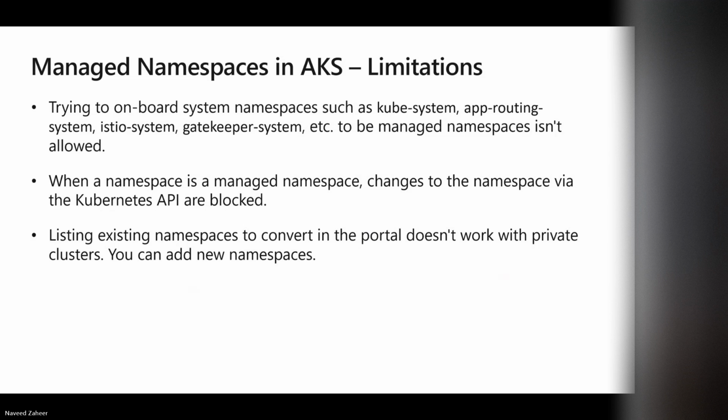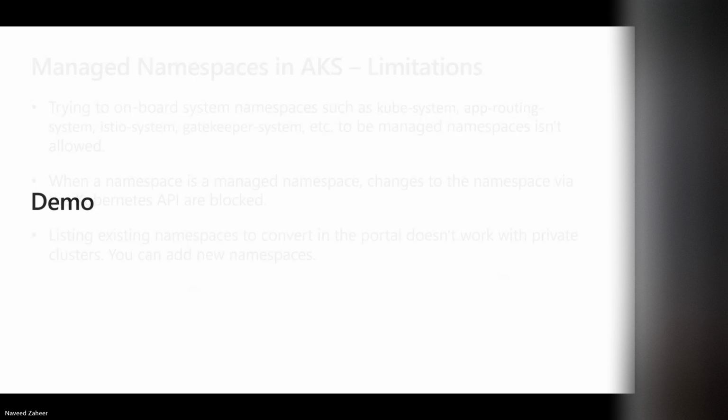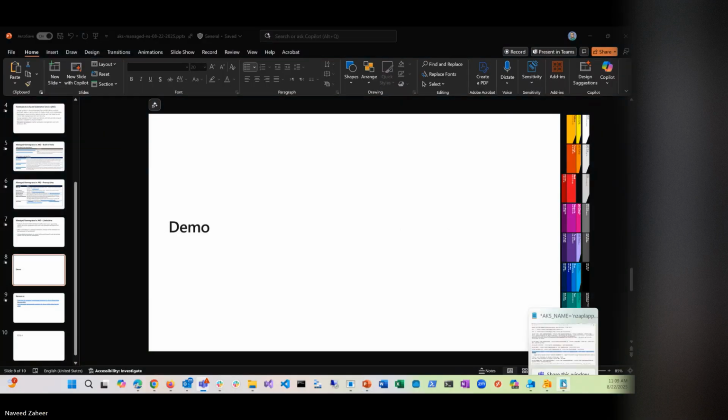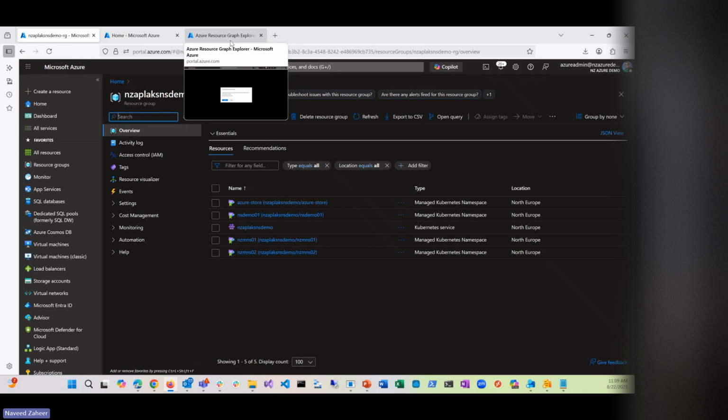Okay, so let's quickly go into the demo. First of all, let me just move this thing further away. When you are creating the cluster, this is what you're going to be doing. First, let me go into the Azure portal, and I am in the Cloud Shell.